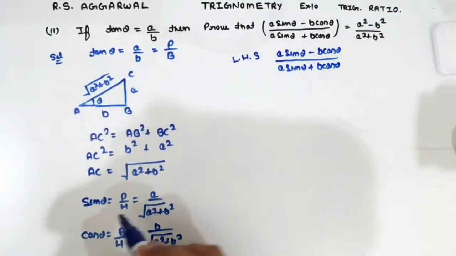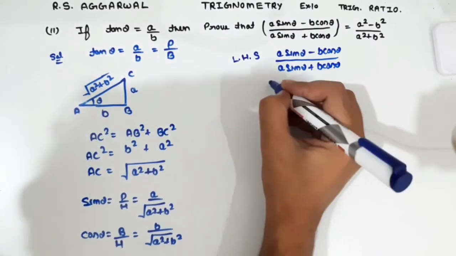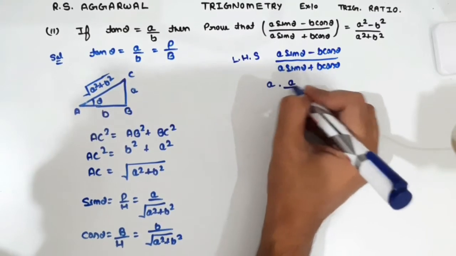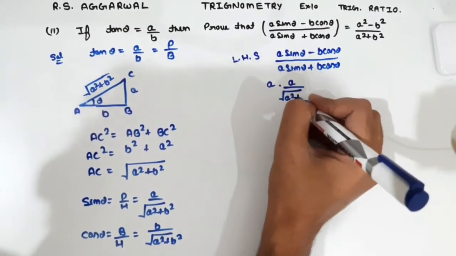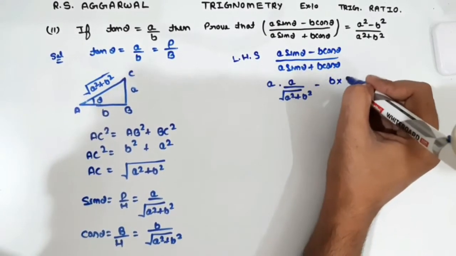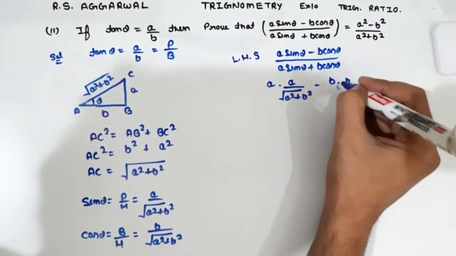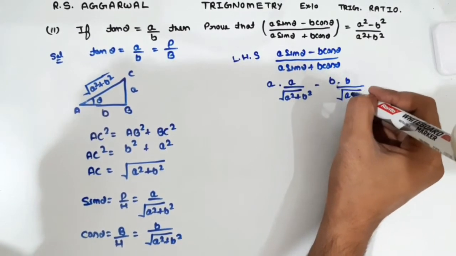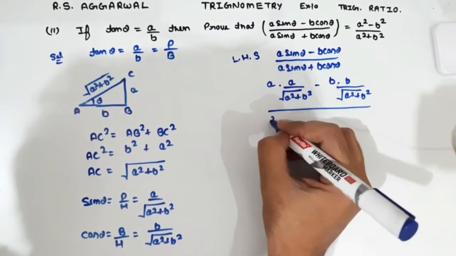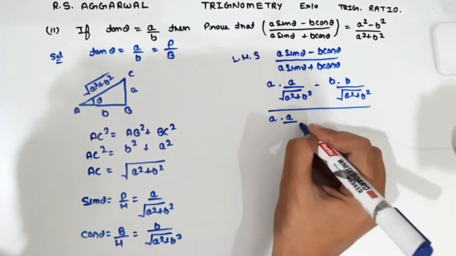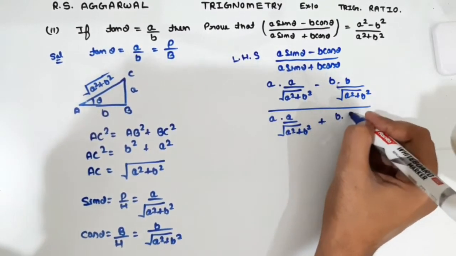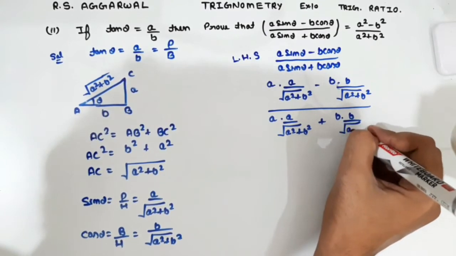Now putting the value of sin theta and cos theta here. So a sin theta is what? A upon under root a square plus b square, minus b cos theta is what? B upon under root a square plus b square, upon a into a upon under root a square plus b square plus b into b upon under root a square plus b square.